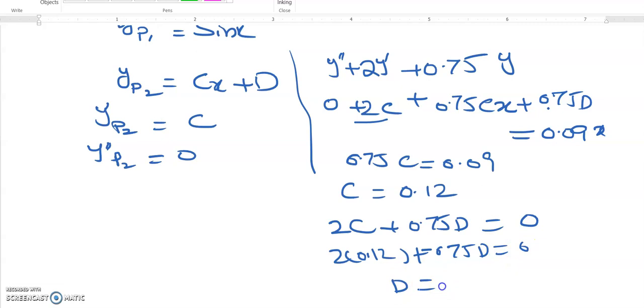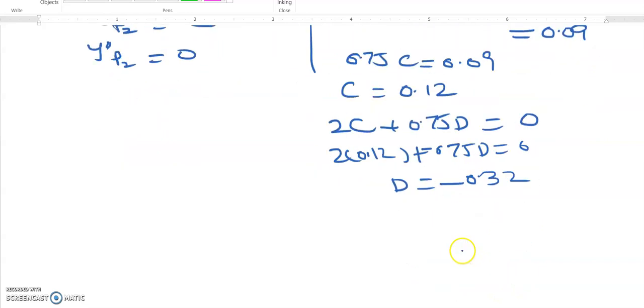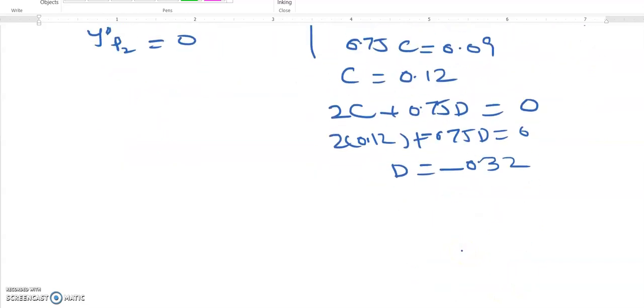So from here we can find d is equal to minus 0.32. Okay, so now yp2 is equal to 0.12x minus 0.32.